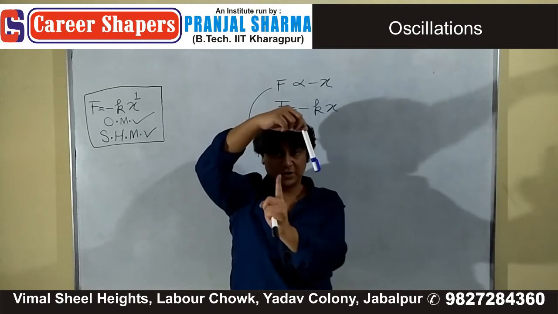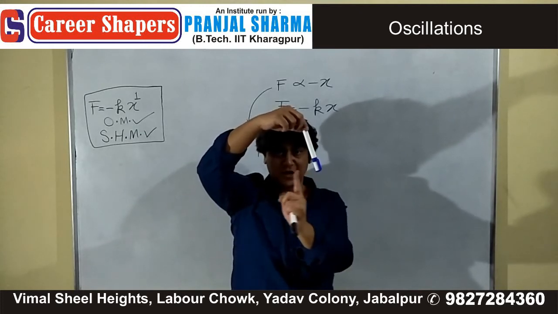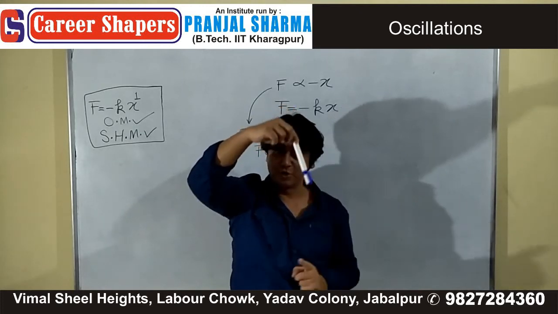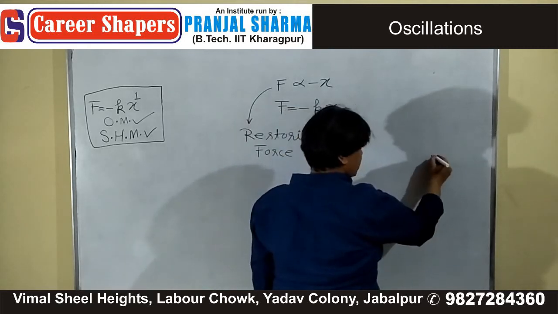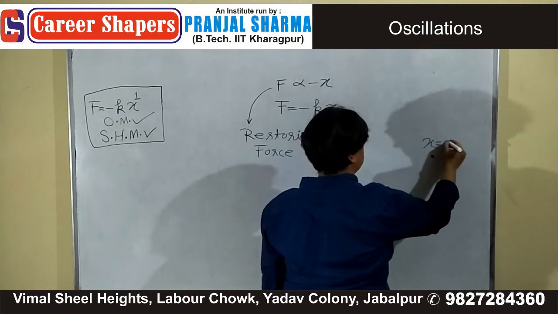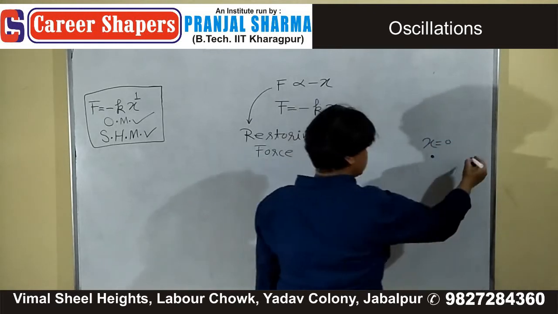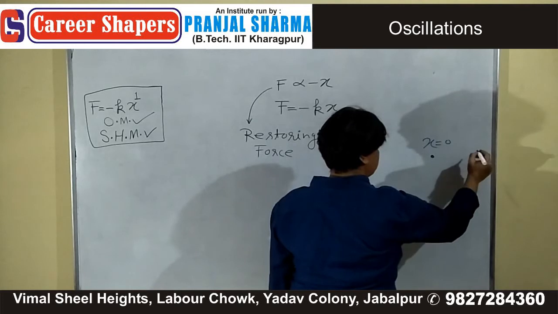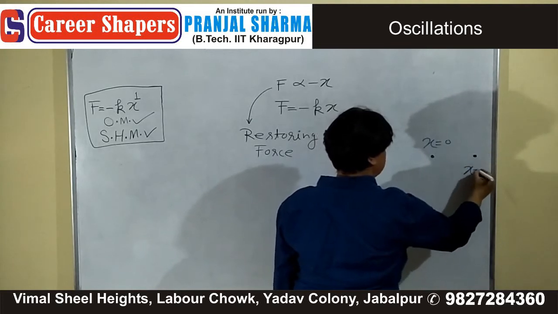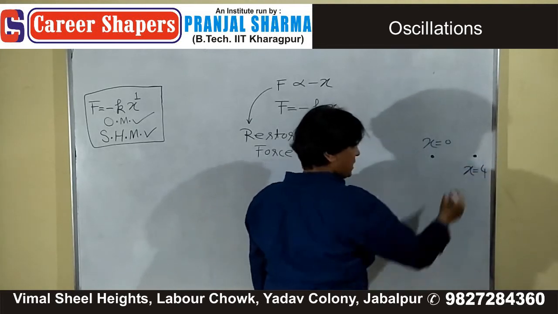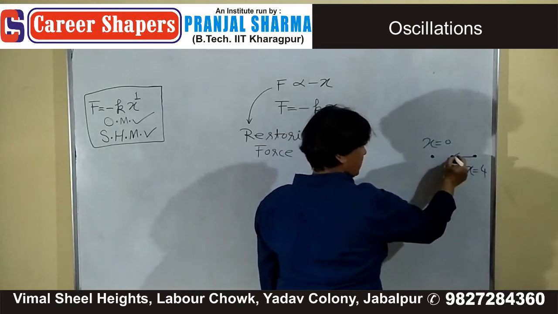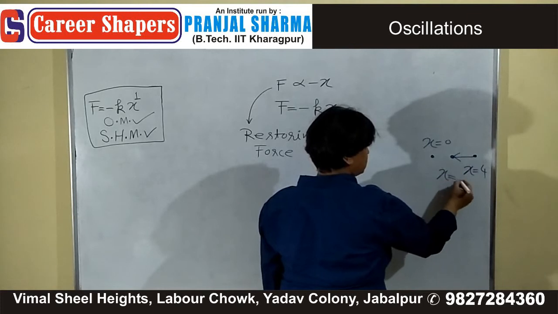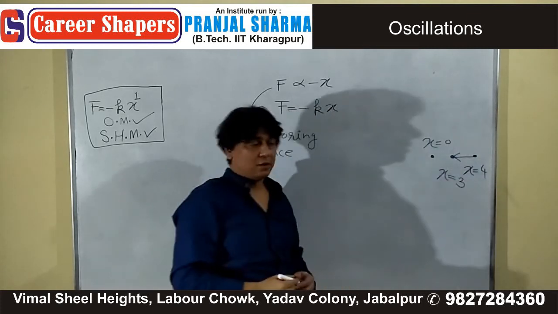What is x? Distance or displacement or position from the origin. Look here, what I'm saying. This is x equals to 0. Somebody releases an object from this position. At this place, x is what? 4. And then it moves to this position. At this position, your x is 3.